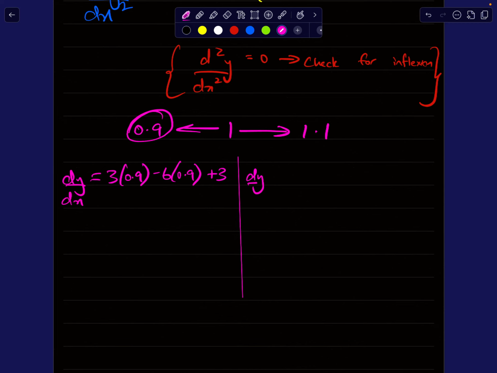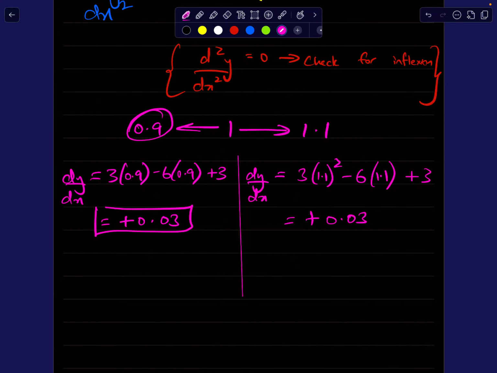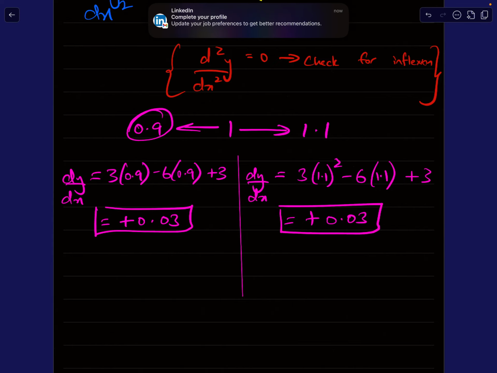And here we'll do a similar thing and substitute 1.1. So the gradient at 0.9 turns out to be 0.03, and the gradient at 1.1 turns out to be 0.03. And both these gradients are positive. You can check this for yourself.